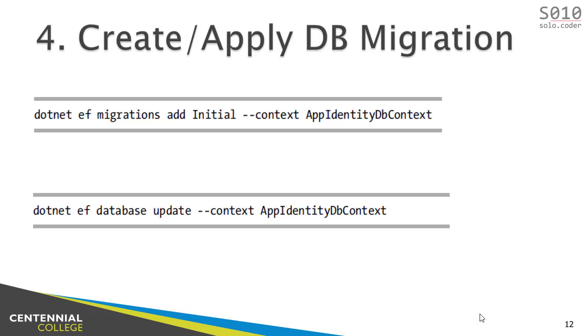Now, you're going to have to use the same syntax if you want to create migration scripts or database for the original DB context, okay? But of course you have to change the name to the corresponding DB context that you want to create the migrations or create the database for.